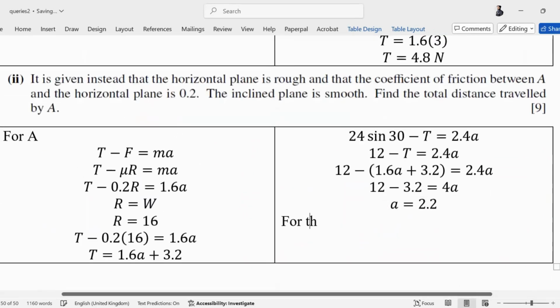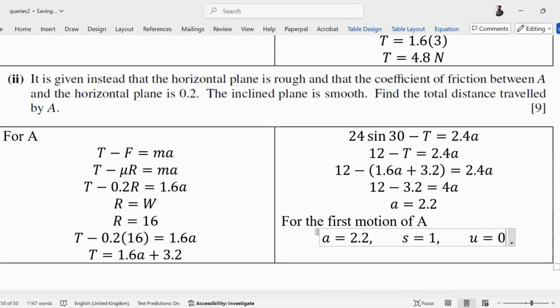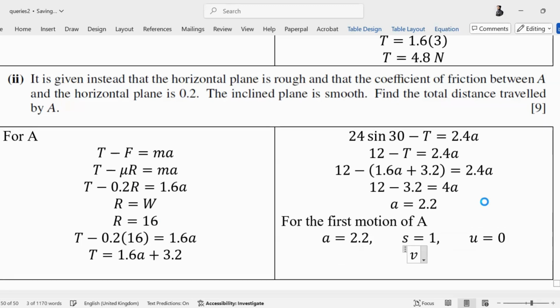So for the first motion of A, acceleration is 2.2, displacement is 1, initial velocity is 0. Is that right or wrong? Can you find the final velocity? v square equals u square plus 2as.